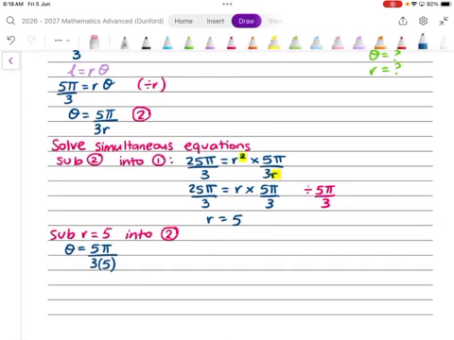When I put that into my calculator, I get that theta is pi on 3. And so therefore, my radius is 5 centimeters and angle is pi on 3.